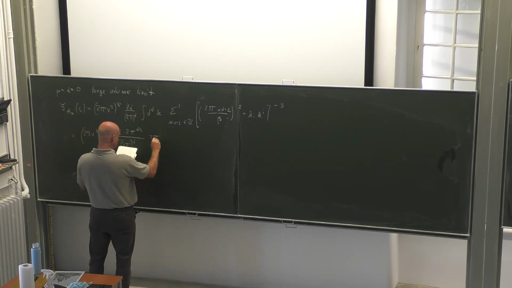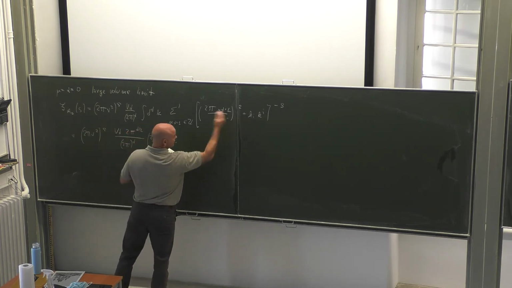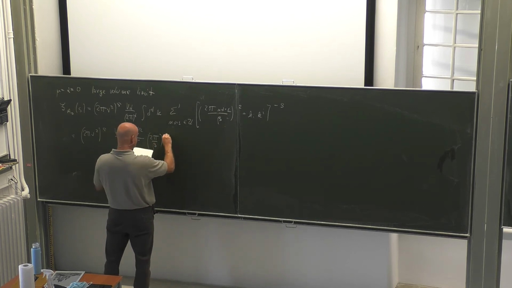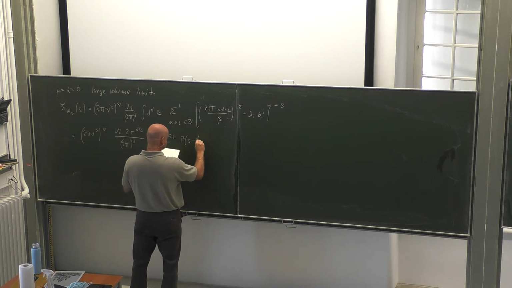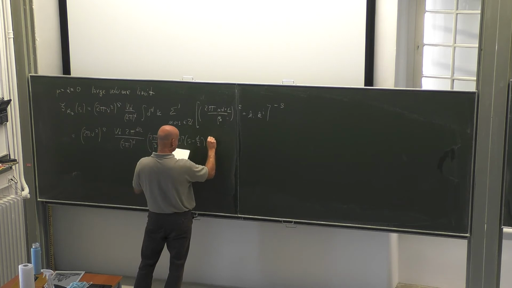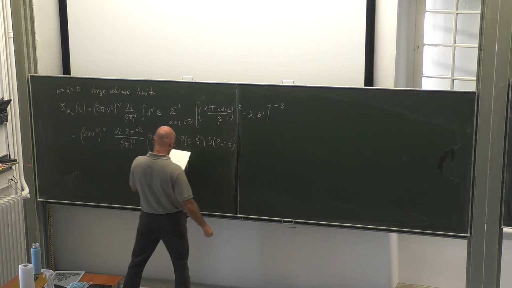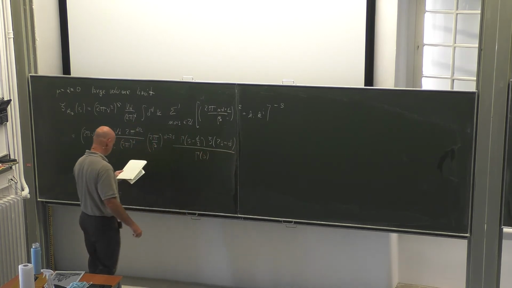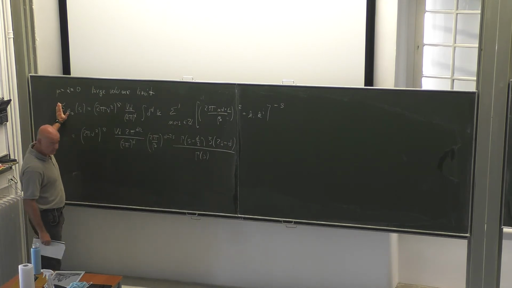You also get rid of a 2 pi over beta, which you pull out of everything, and then you change integration variables. So in the end, you end up with something similar to what we had before, not quite the same thing, over gamma of s. Okay, so this is what the zeta function turns out to be.